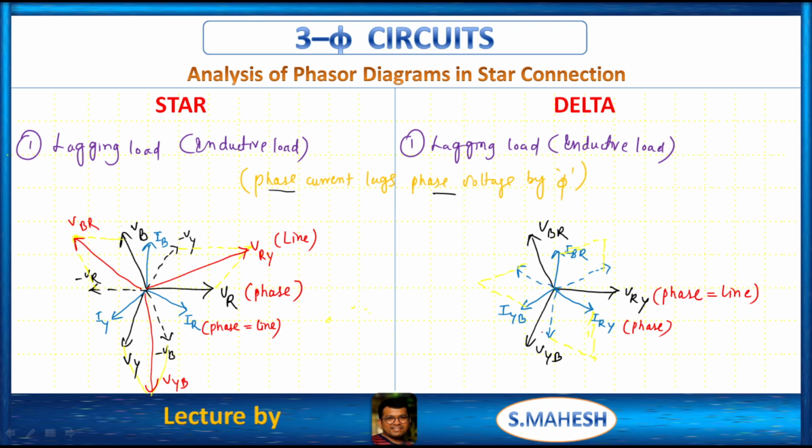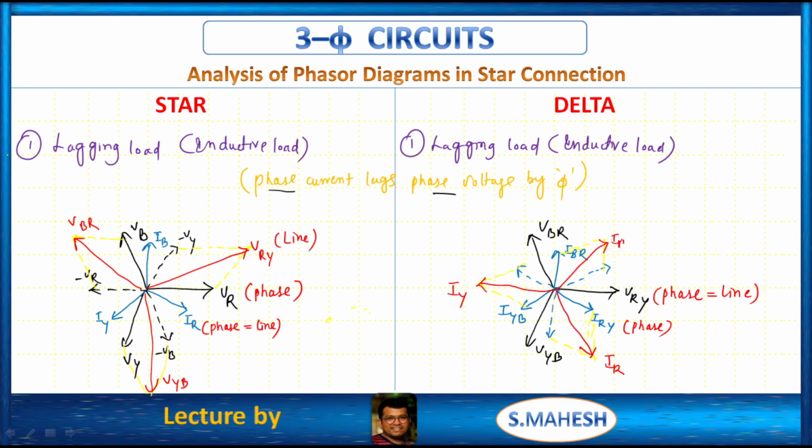Like that, in this case also, between IRY and minus IBR, we have IR. Like that, between IYB and minus IRY, we have IY.